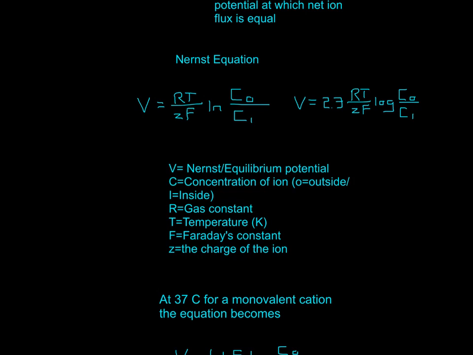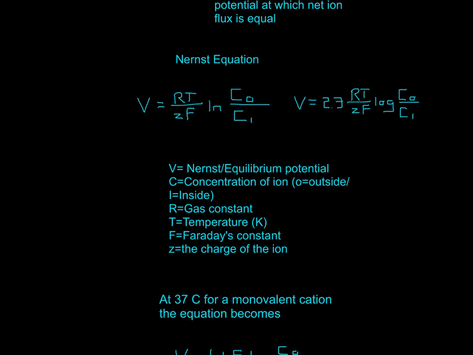C is concentration, the concentration of the outside ions and the concentration of the inside ions. R is the gas constant, T is the temperature, F is Faraday's constant, and Z is the charge of the ion. And over here, it's the same equation. It's just that they replaced ln with 2.3 and log.